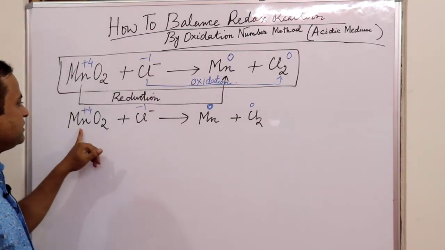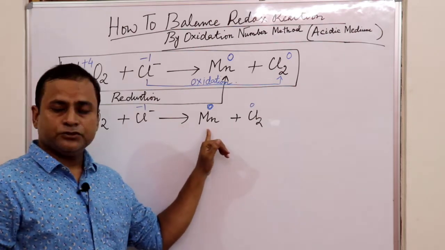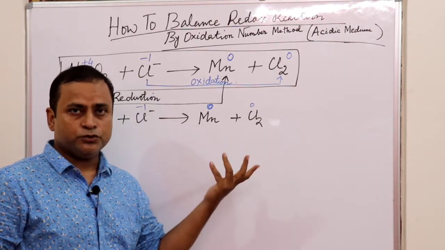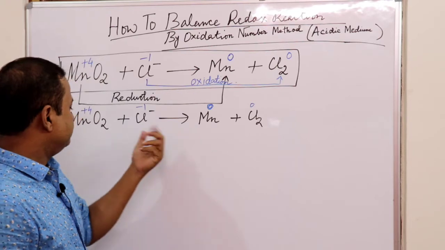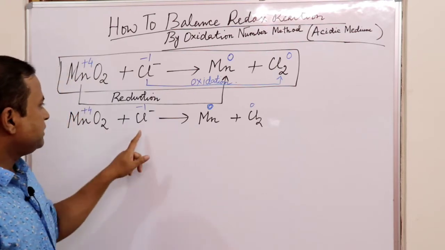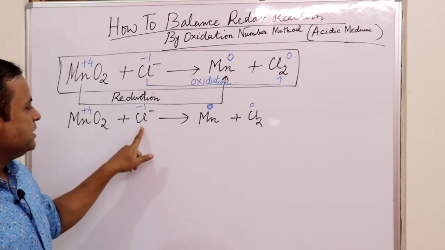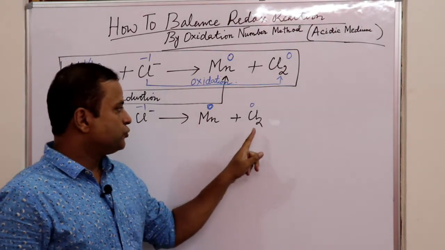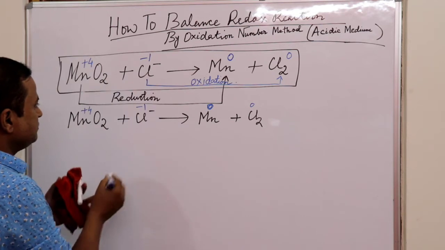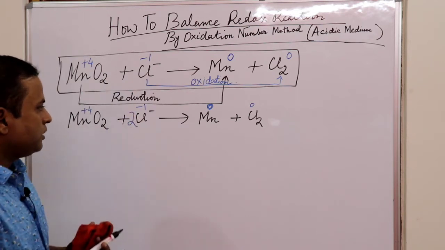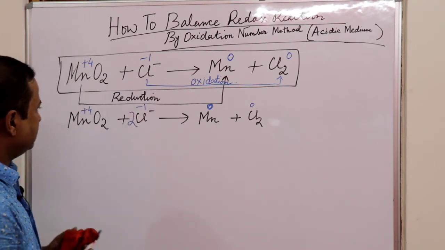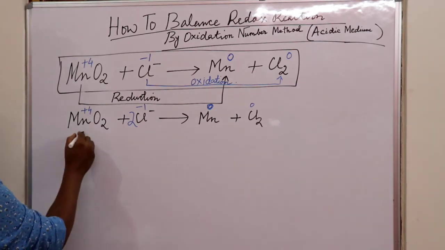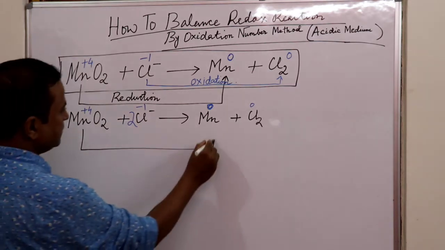One manganese on the left hand side, another on the right, so both are equal, no need to add any coefficient here. Now let's come to Cl minus. There is 1 Cl here, but 2 Cl there, so we have to balance this, so it becomes 2.